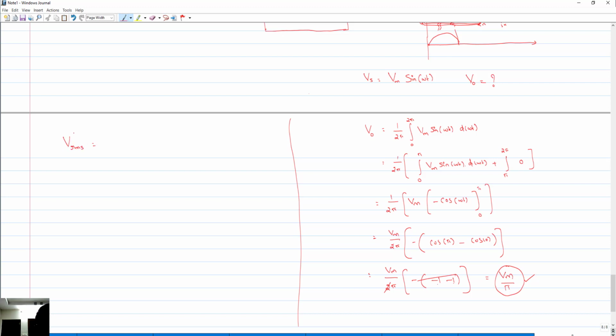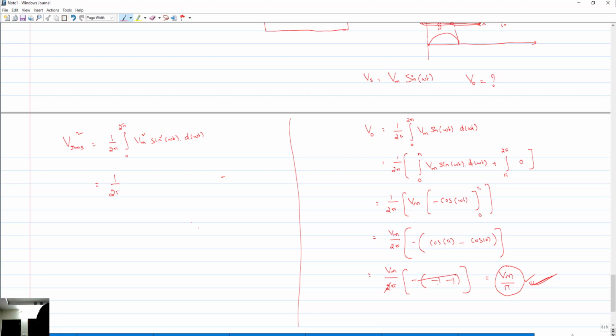Vrms square is equal to 1 by 2 pi integral 0 to 2 pi Vm square sine square omega t d omega t. You have to be very careful.